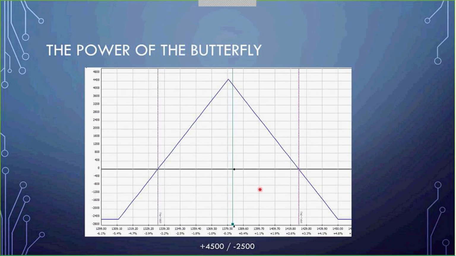But it does happen. Now, on a true risk reward expiration graph, we're going to talk about a $4,500 win to a loss of $2,500. So you have the potential to make significantly more than what you're willing to risk.